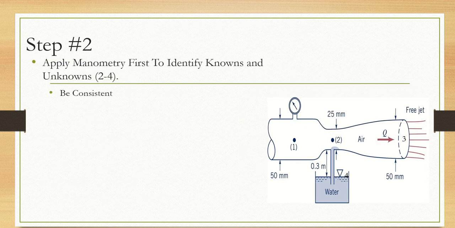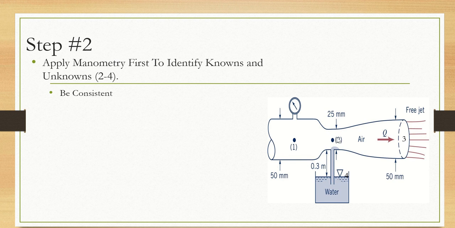So the next step in the process is, if we have a manometer, we really want to use the equations of hydrostatics first and apply manometry first to identify the knowns and unknowns. And we want to be consistent. So here we're talking about applying hydrostatics between point 2 and point 4.